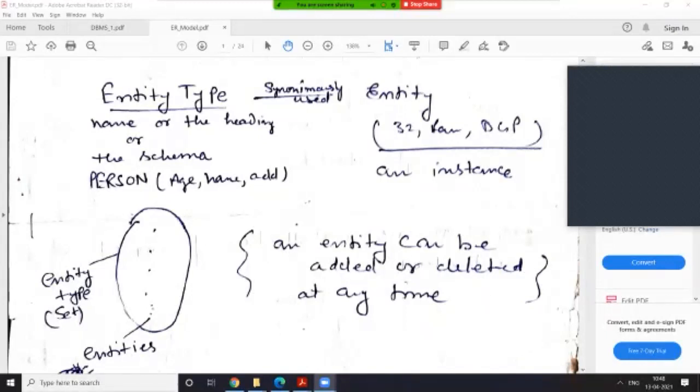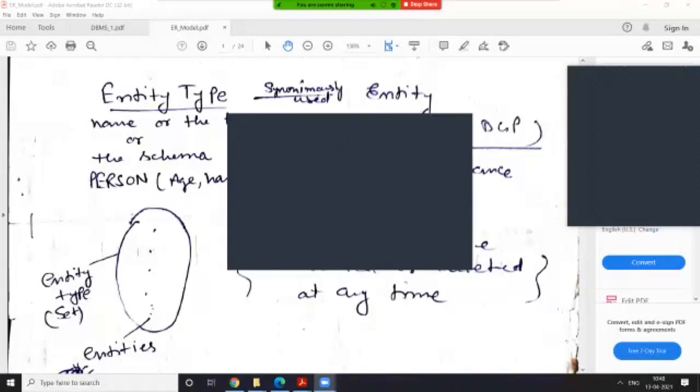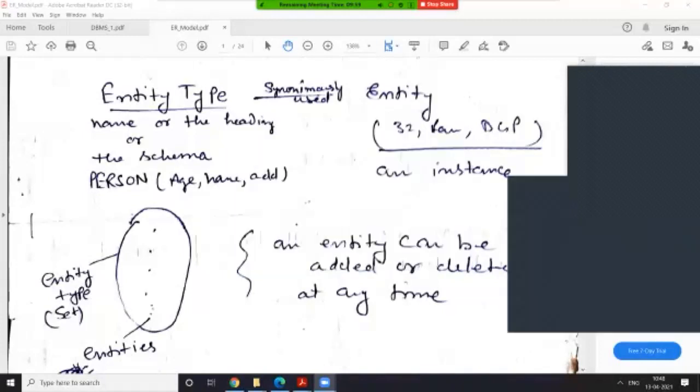But see, if I say person, the person is described by its name, age and address. Here person is the entity type, representing the collection of individual entities. But if I say 32, Ram, Durgapur, this is exactly an entity.